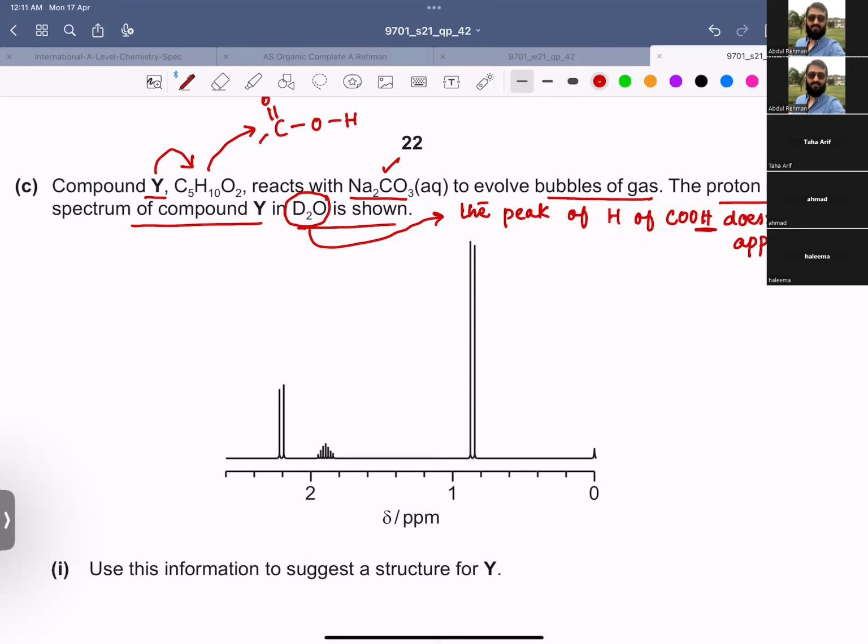Is this part understandable to everyone? Yes, sir.